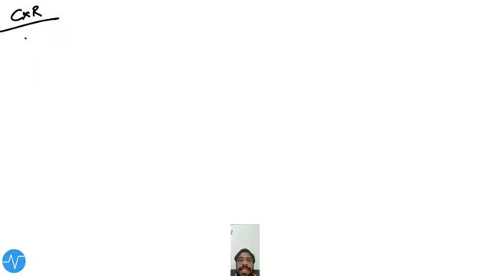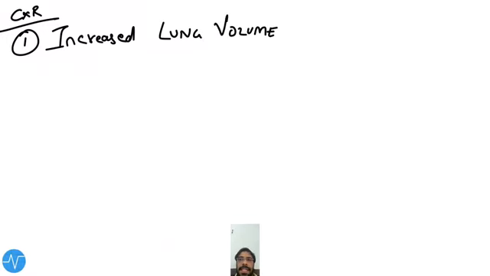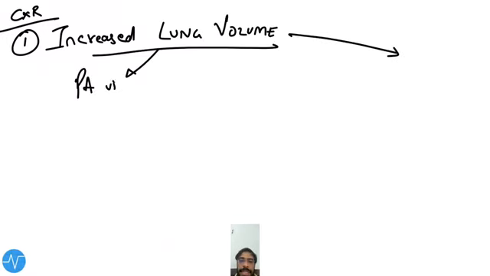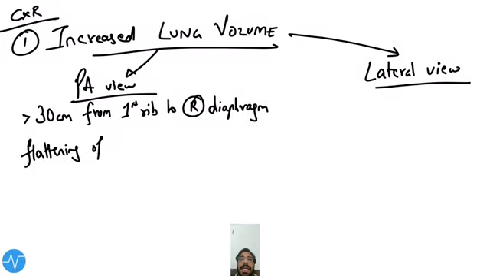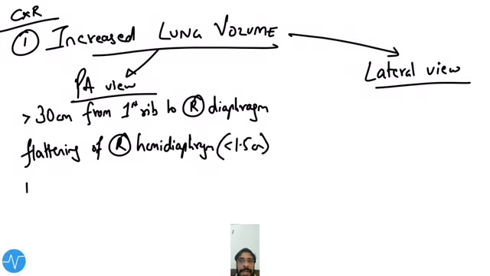Let's see the chest X-ray findings in emphysema. First is increased lung volume, which we see in PA view and lateral view. How can we assess it? If it measures greater than 30 centimeters from the first rib to the right diaphragm. Second, if there is flattening of the right diaphragm less than 1.5 centimeters.